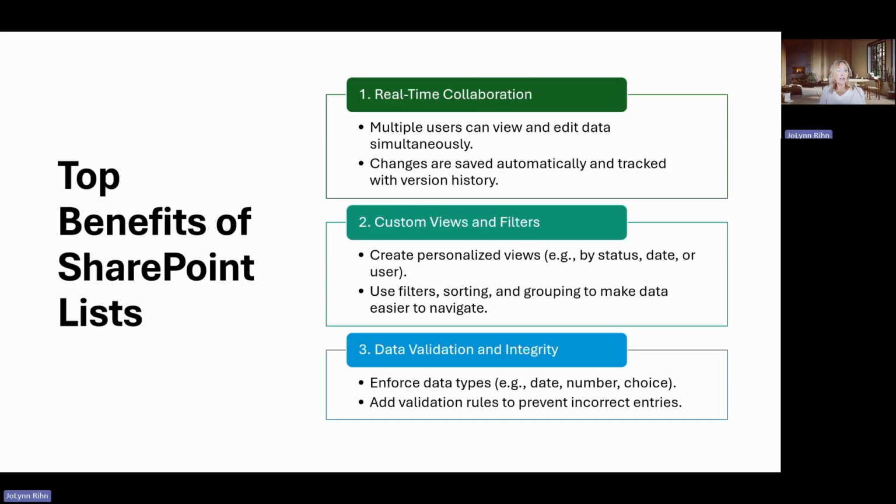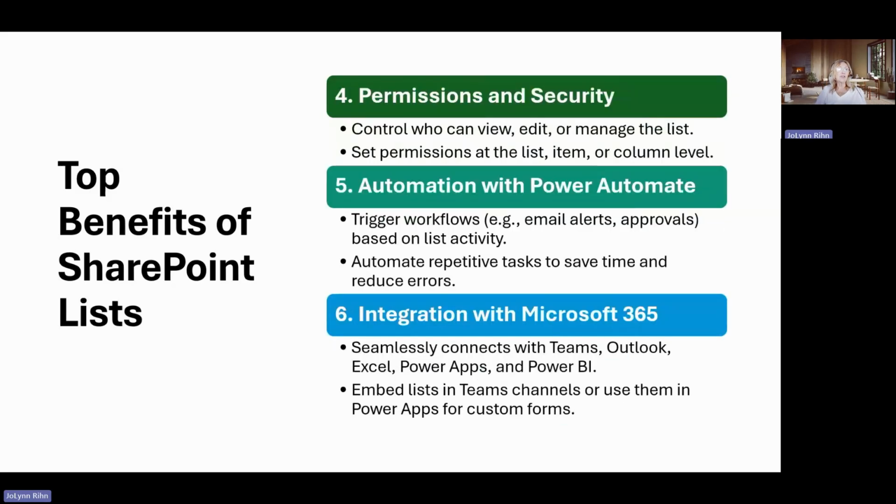But we also have permissions and security options available. We talked about the automation that we have with Power Automate features built right in. And we have strong integration with our other applications. We can have triggers that are set up. We can have the list available within Microsoft Teams, Microsoft SharePoint.